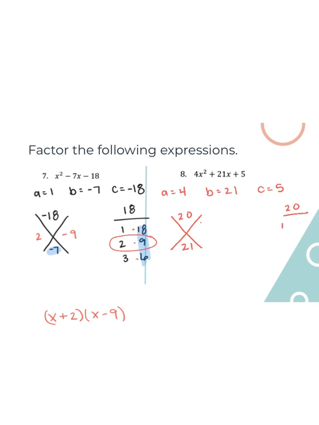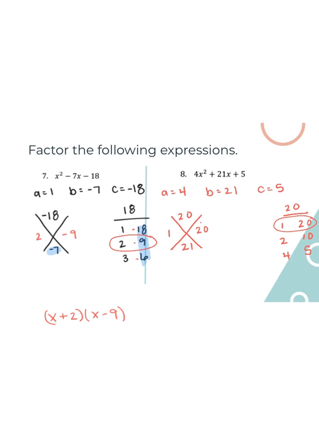20, I know 1 and 20, 2 and 10, 4 and 5, and that's it. Well, the only ones that add up to 21 would be 1 and 20. So I'm going to put my 1 here and my 20 here.